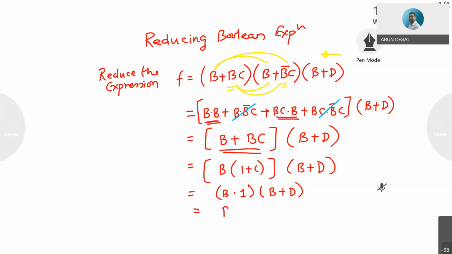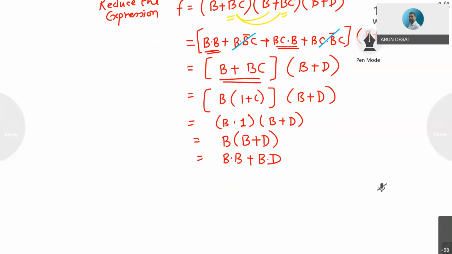That is b into b plus d, right? So the thing here is b into b plus b into d, right?